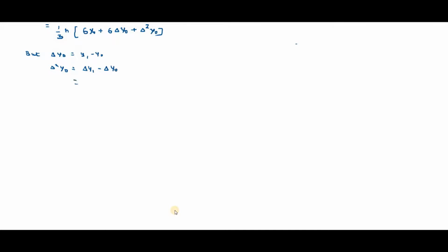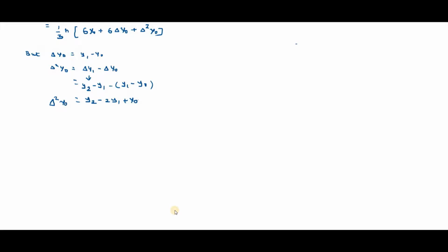Delta y1 is y2 minus y1, minus the bracket delta y0, which is y1 minus y0. If you simplify, you will get y2 minus y1, and this minus y1 gives minus 2y1, and minus into minus is plus, so you get y0. So this is the value of delta square y0.